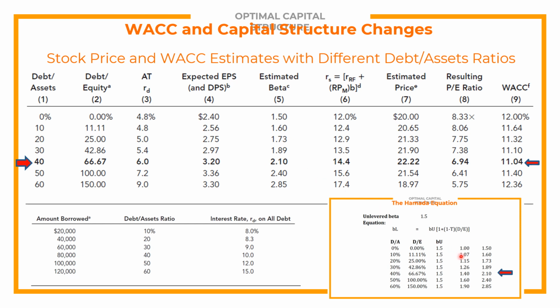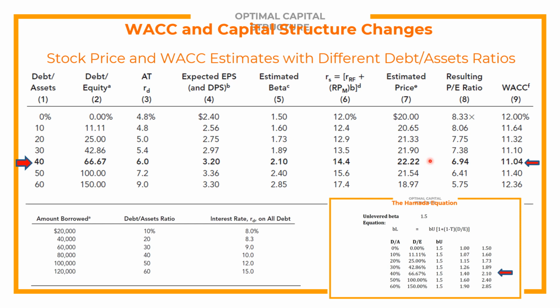We have already computed our beta of 2.10, so we can now compute the cost of our equity: 2.10 multiplied by the risk premium of 4%, plus the 6% risk-free rate. So we have a cost of equity of 14.4%. Now we can compute the estimated stock price using the zero growth stock model.